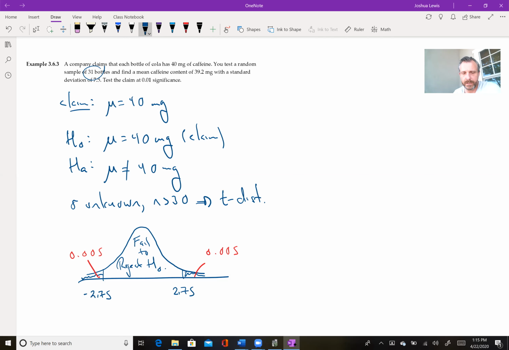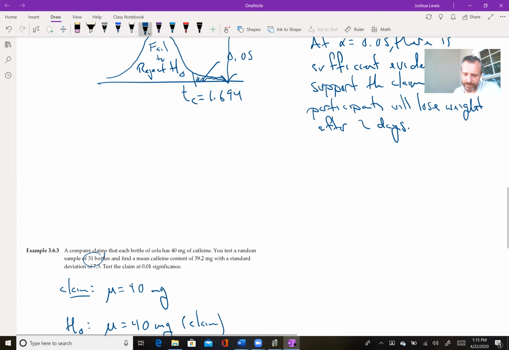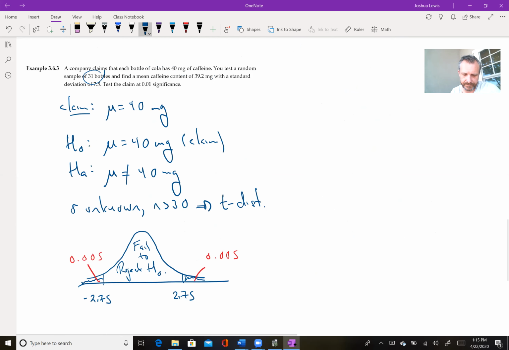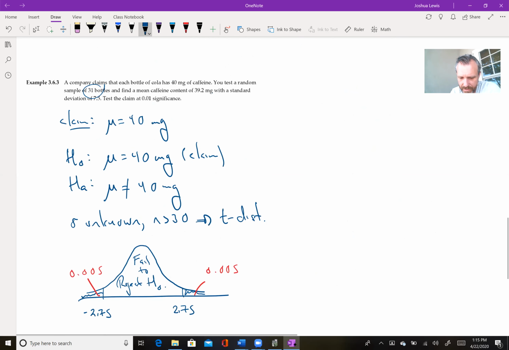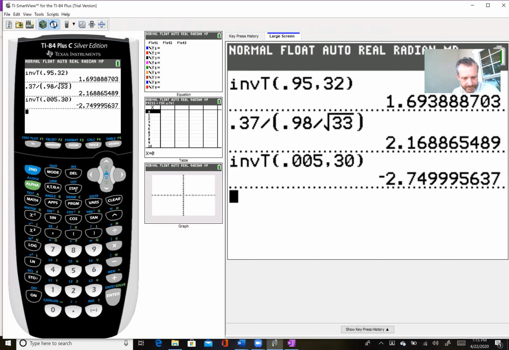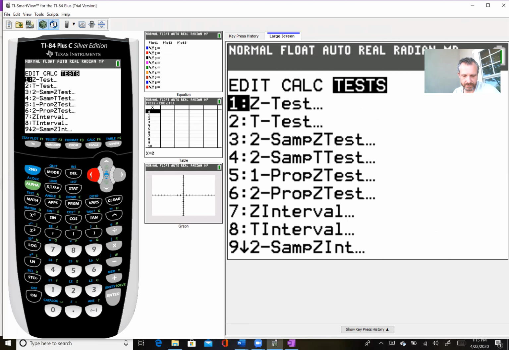Okay. Well, let's go get our t value now. Now, in the last example, we used the formula, right? Well, watch this. Let's go back to our calculator. We have a t-test. Check this out. Stat, tests, number 2, t-test. There we have it.